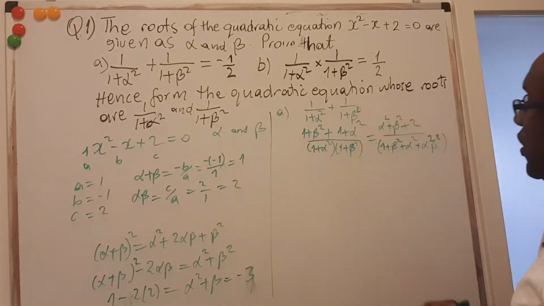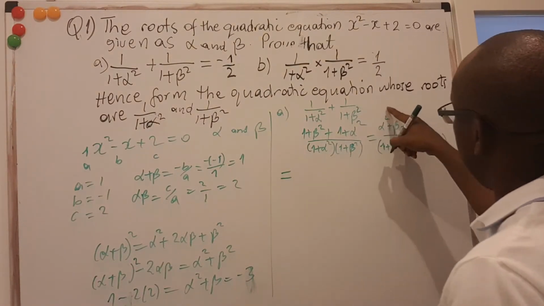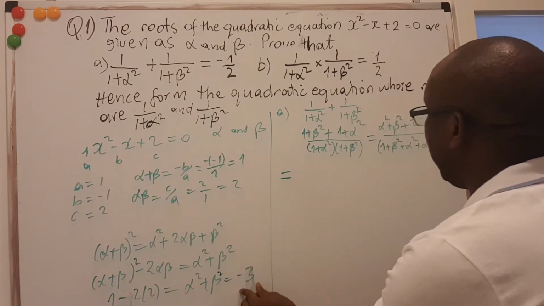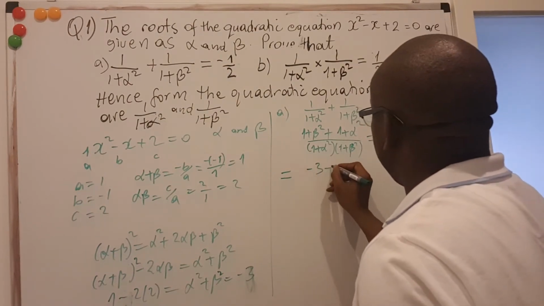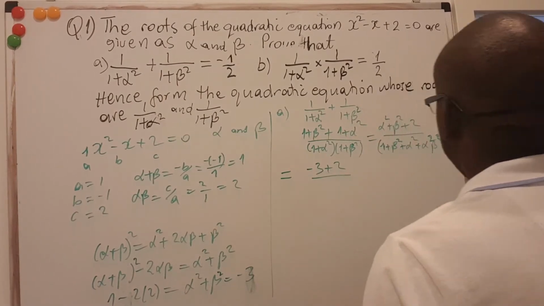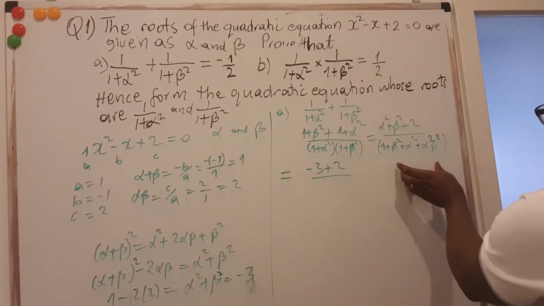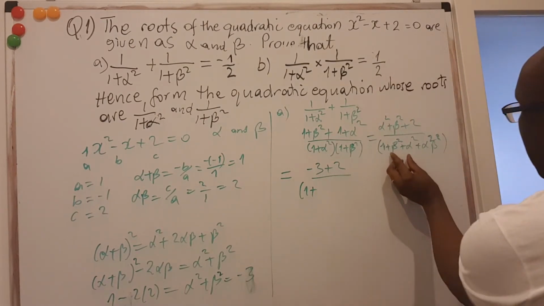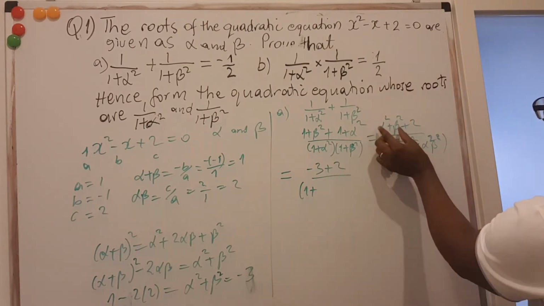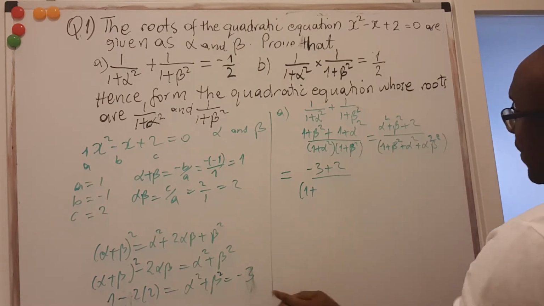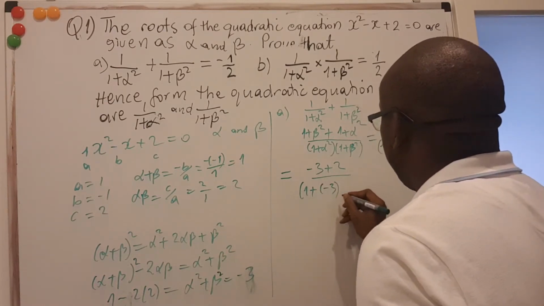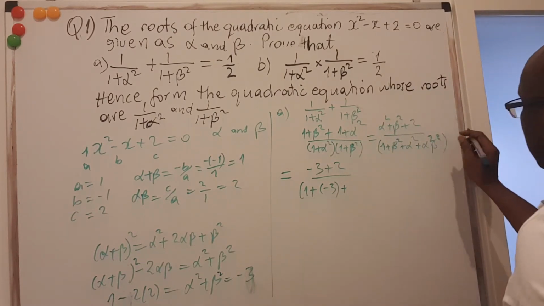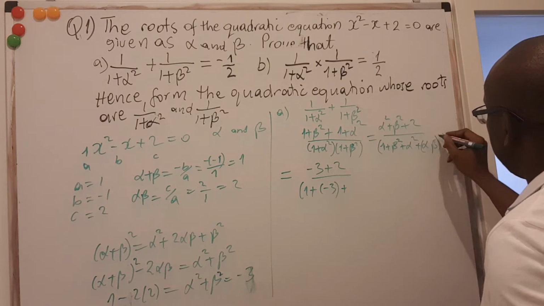So I'm left now to substitute here. I have already learned by calculating that it is minus 3. So I can put minus 3 plus 2 divided by, here under, I have 1 plus beta squared plus alpha squared, it's the same thing. So the answer is minus 3, plus alpha squared beta squared, which is also the same as (alpha beta) squared.